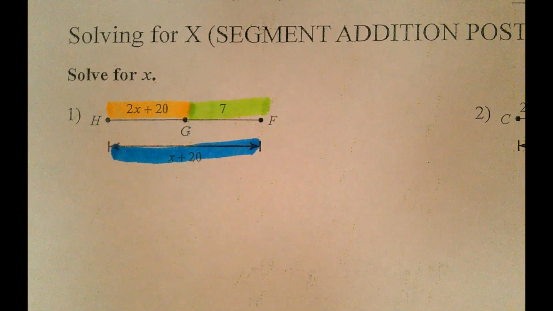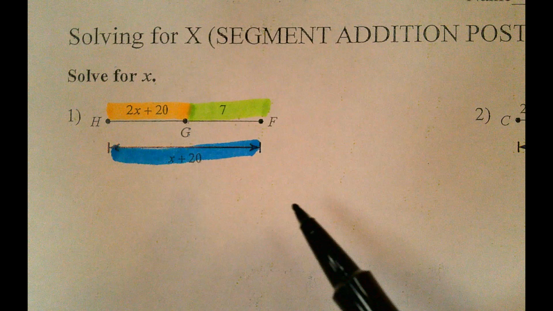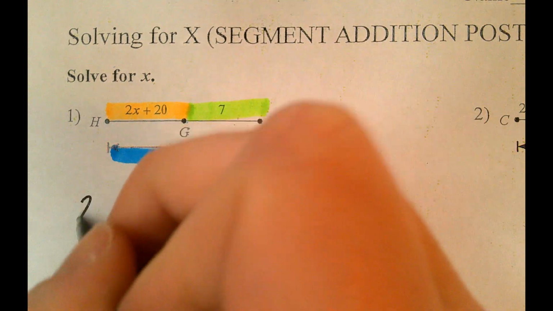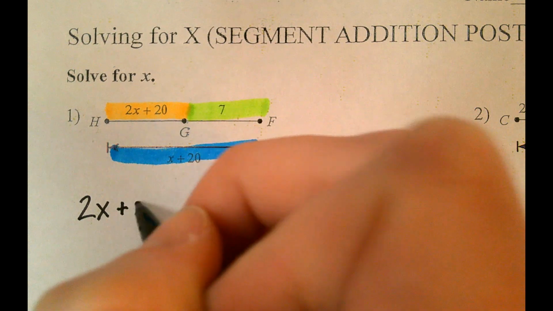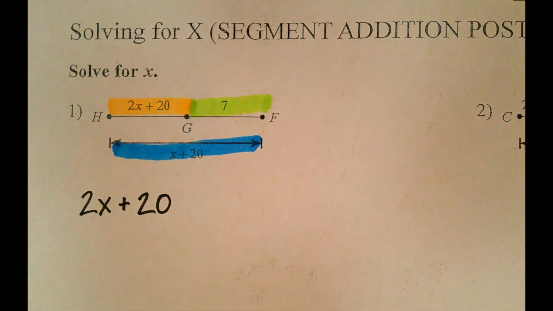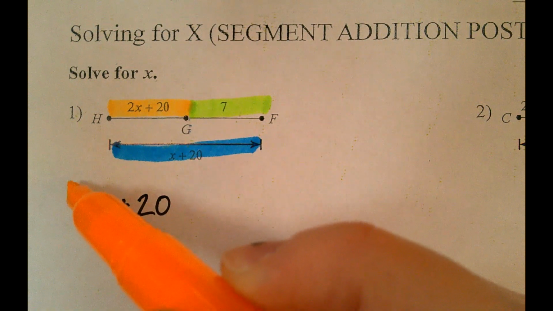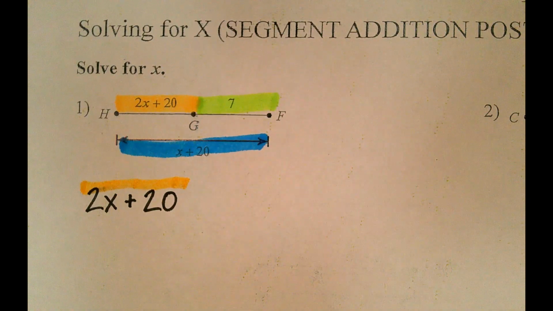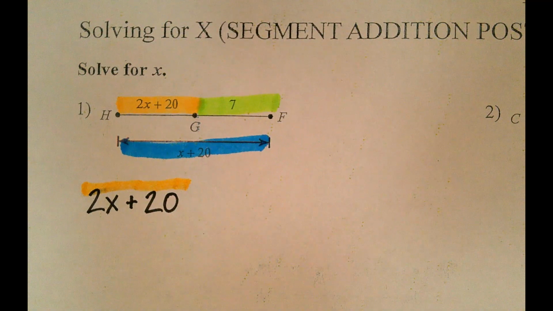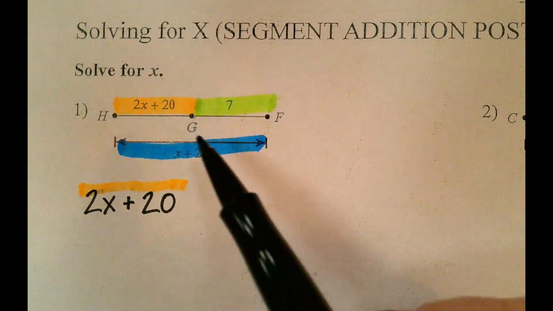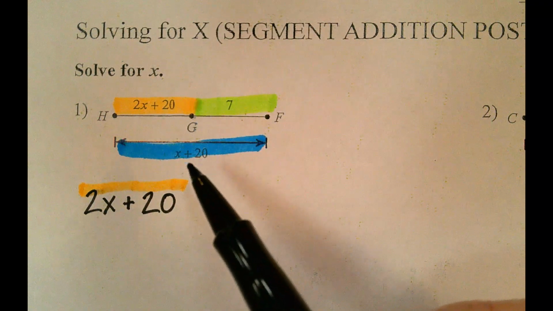Which things am I adding together here? 2x plus 20, plus 7. Let's write 2x plus 20. And what do I add to this? Plus 7. I'll show you right here.